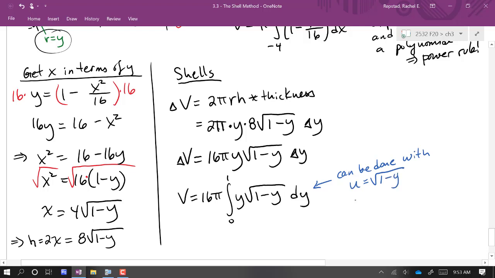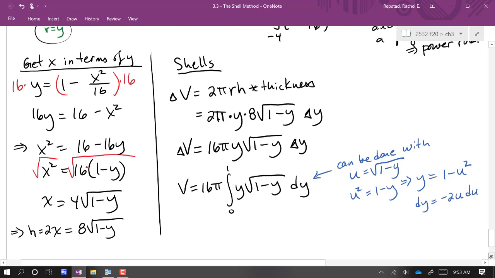If u is equal to the square root of 1 minus y, then u squared is 1 minus y. And that means that y is equal to 1 minus u squared. And dy is equal to minus 2u du.